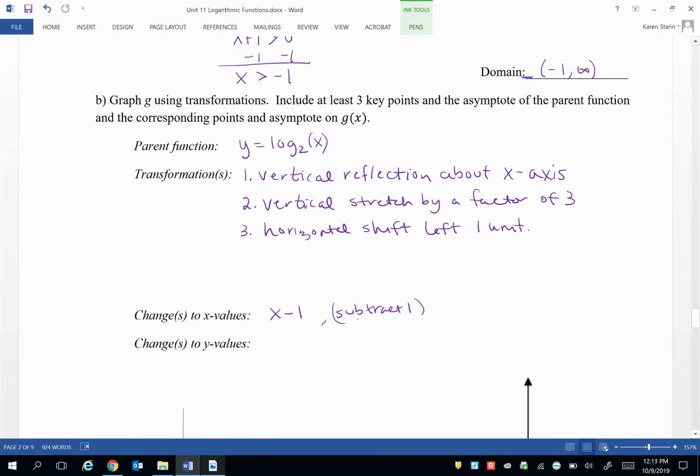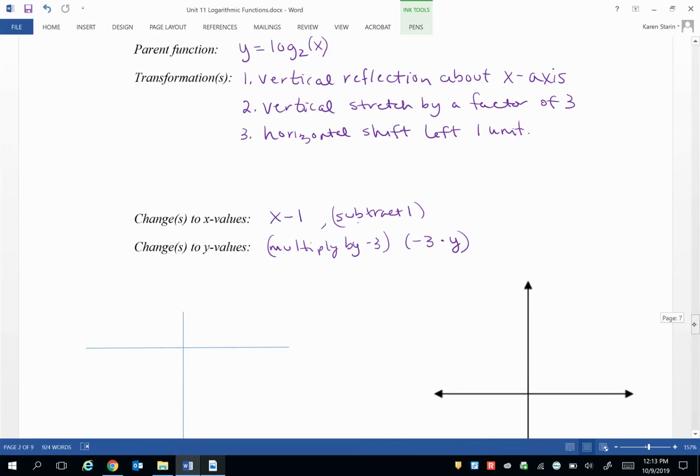Technically, we're multiplying by -1 and we're multiplying by 3, but we can just be a little more concise there and multiply by -3. So I'll write that as take -3 times y, but technically that's two transformations.